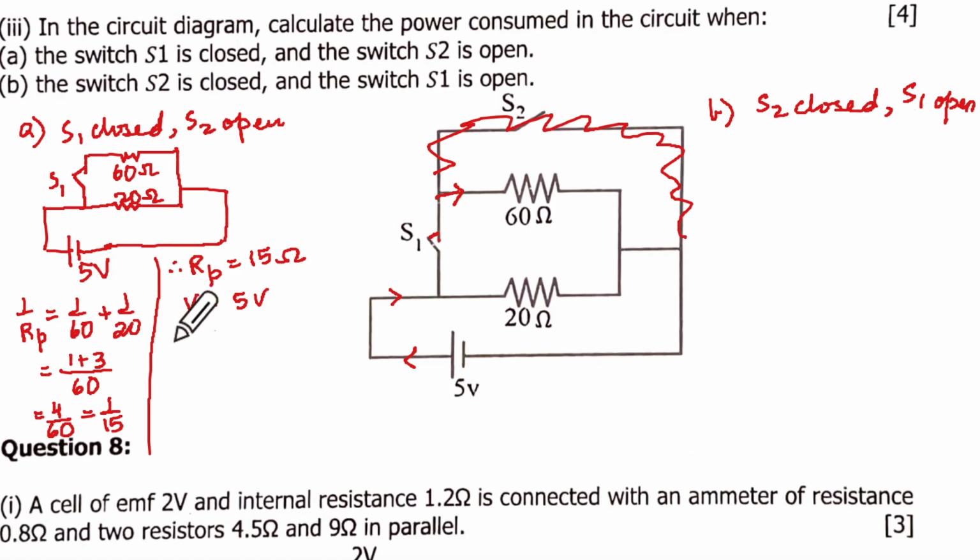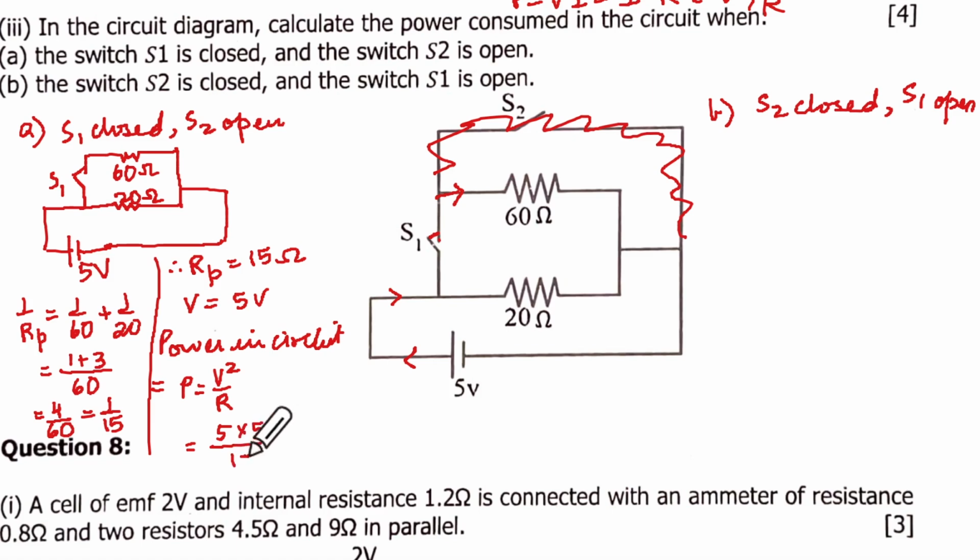So the power in the circuit will be equal to P, which is connected with V and R, means V square upon R. You must remember the power formula. Power is equal to VI equal to I square R, which is equal to V square upon R. You must write this many times so that you do not make mistakes. So V square will be 5 into 5 upon 15.